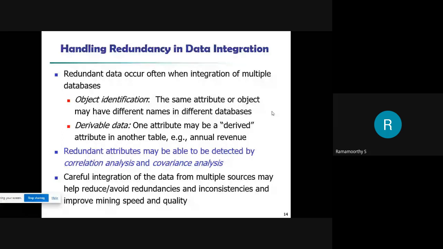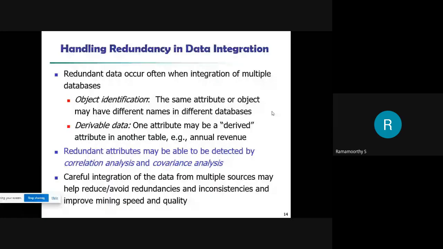And one more thing is derivable data. One attribute may be a derived attribute in another table. So based on the income table, you can derive an annual revenue or purchase history, and the total turnover you can derive from that.